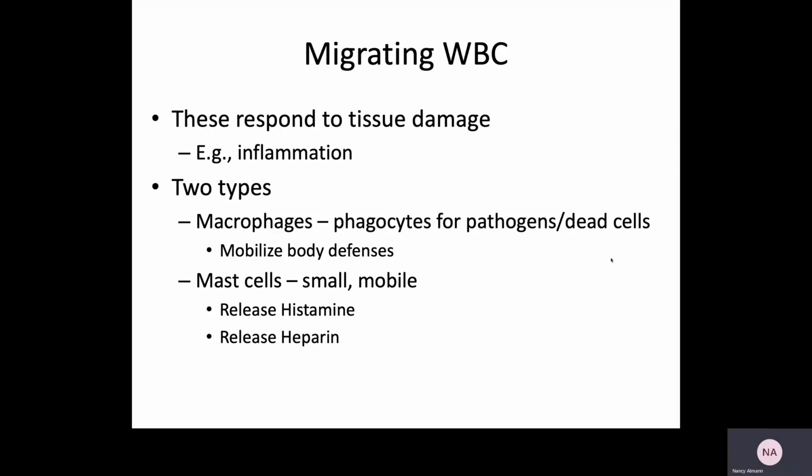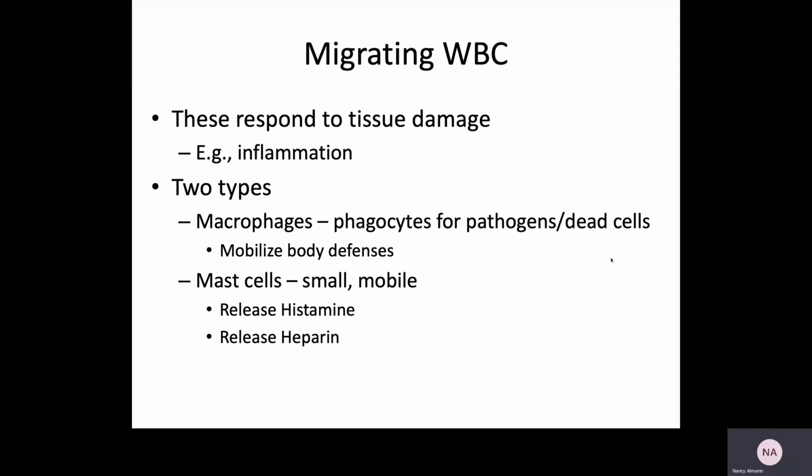We also need to talk a little bit about white blood cells because these are going to migrate through the body and respond when you have a wound or tissue damage or are undergoing inflammation in certain areas. There are two major types. Macrophages are the phagocytes.